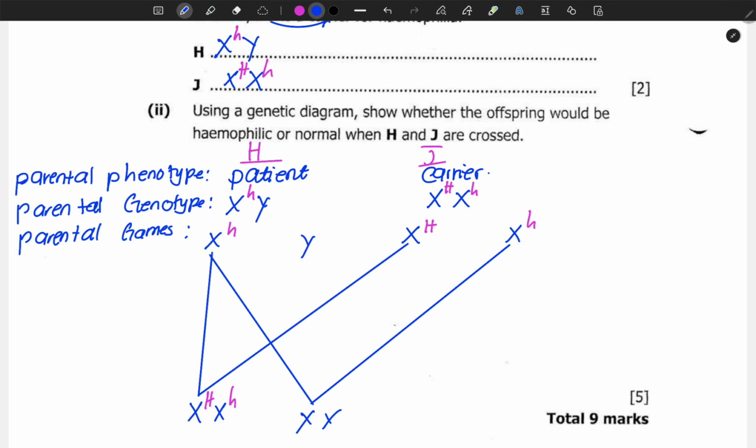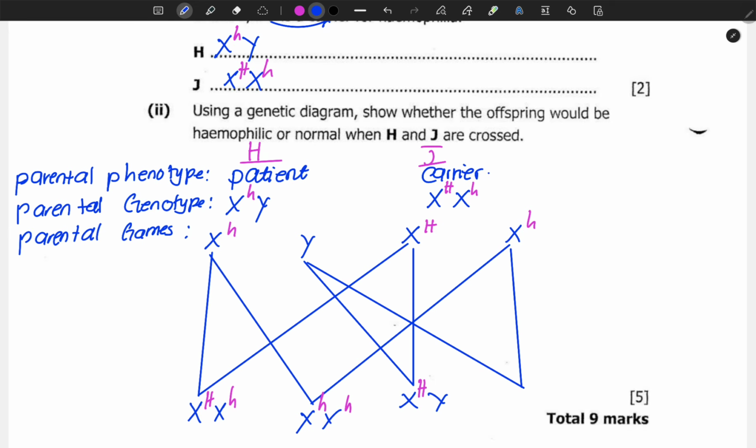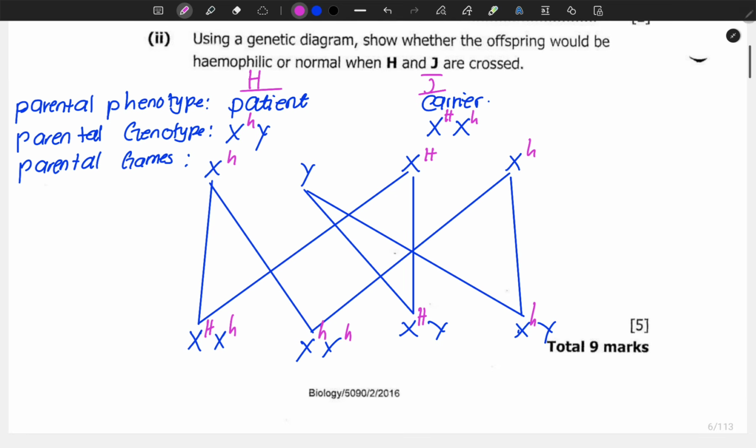So we have X, X, then we have small letter h, small letter h. So there is a chance for this couple of having a daughter who is a patient. So there is a chance of having a son who is 100% okay. So there is a chance of having a son who is a patient. So a genetic diagram just gives you possibilities of something to happen or not to happen.